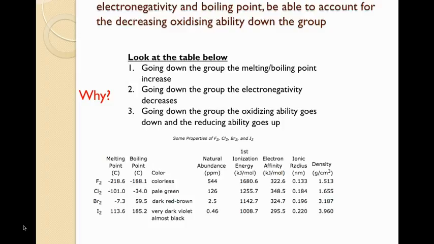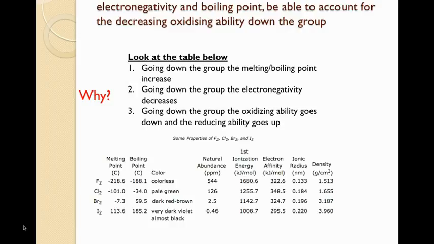You can see that the electronegativity, the ability to attract or want electrons, goes down. The oxidizing ability also goes down, as well as the ionization energy and electron affinity.